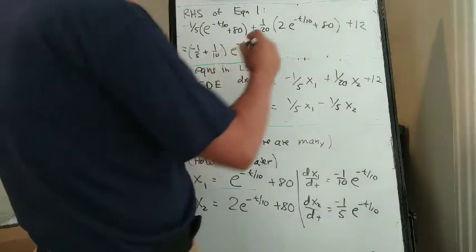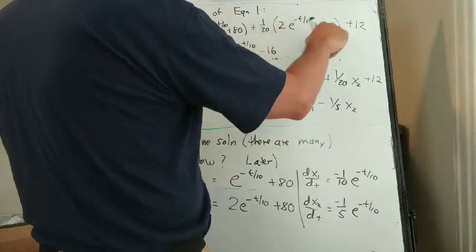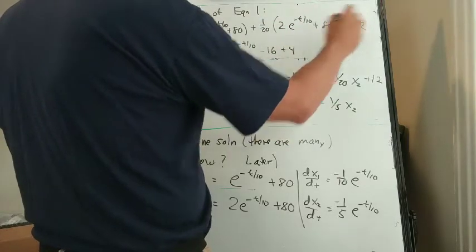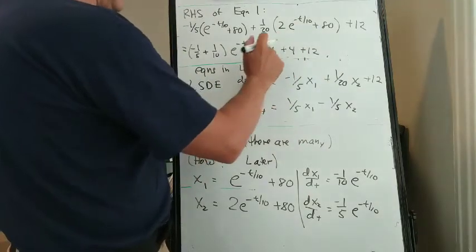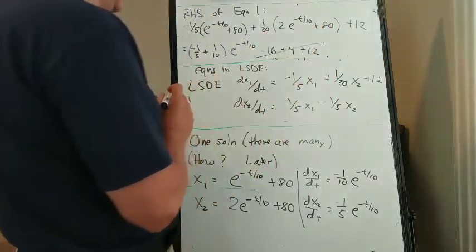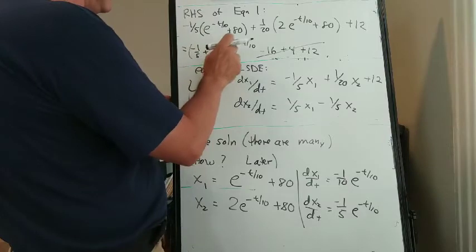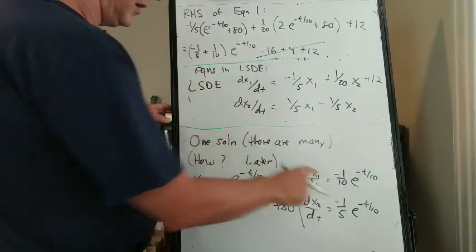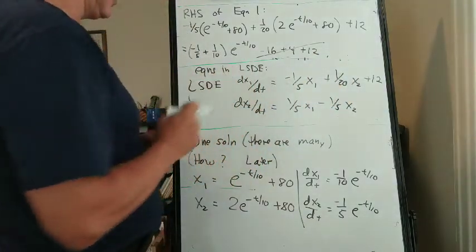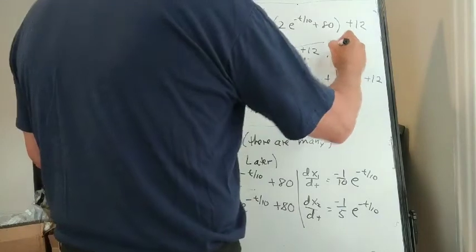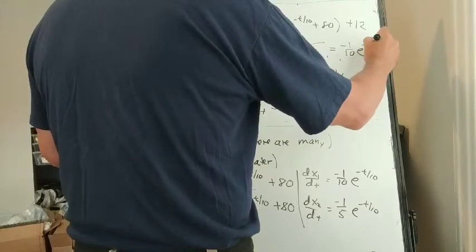Minus 1/5 is twice that, so minus 16. Plus 1/20th of 80 is 4, plus 12. 16 minus 16 is 0, so that goes away. And we're left with minus 1/5 plus 1/10, which is minus 1/10 e to the negative t over 10, which is exactly what we wanted. So the right-hand side of equation 1 equals the left-hand side.